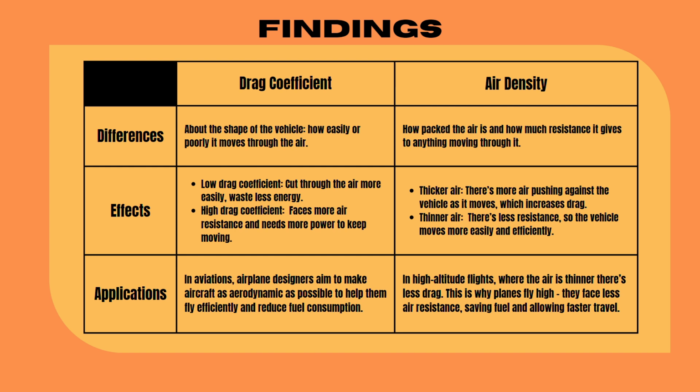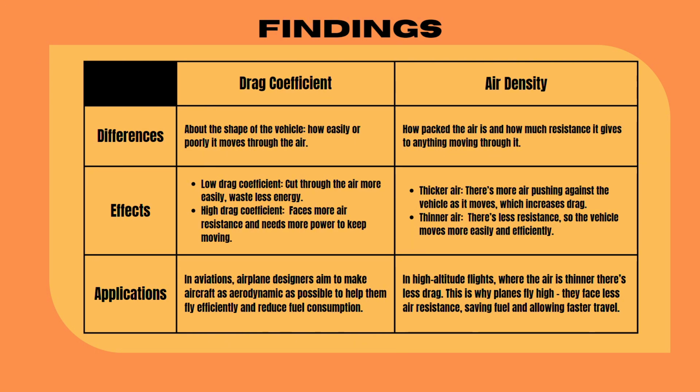Therefore, a well-designed vehicle that has a low drag coefficient would perform better compared to a vehicle with a high drag coefficient, such as a high performance car compared to a truck.